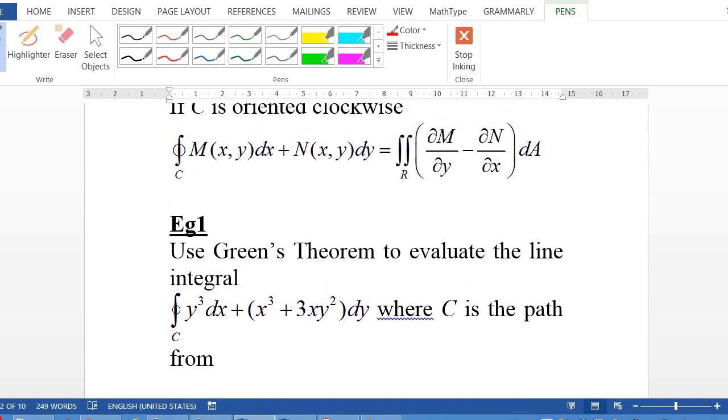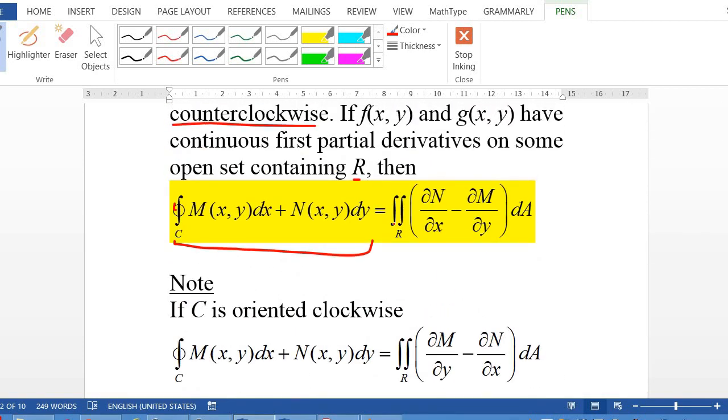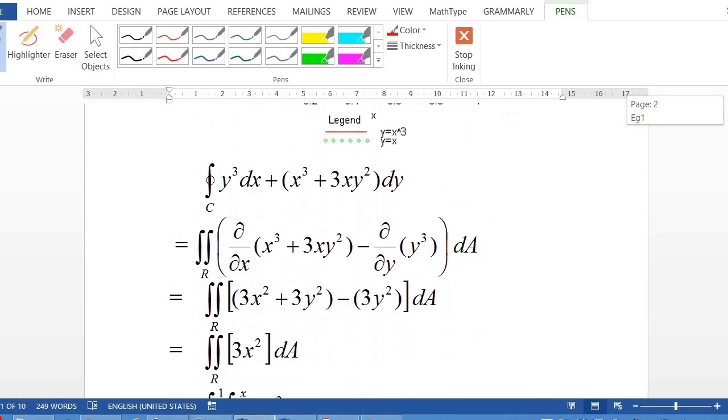If you're not using Green's theorem, you have to break the curve C into C1 and C2, and then evaluate the line integral two times. So it's troublesome. If the curve C is anticlockwise and closed, then it forms a region R, and you can evaluate it using Green's theorem.